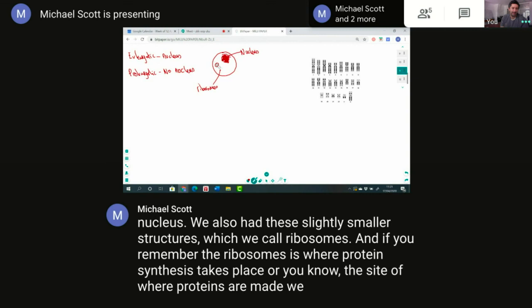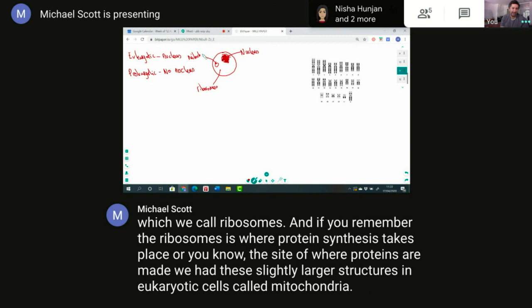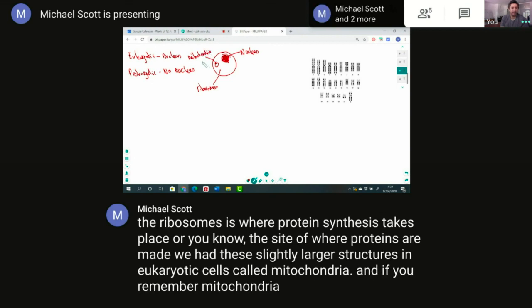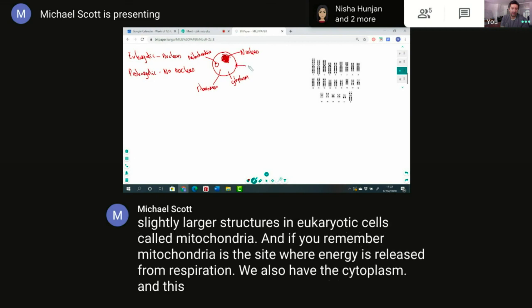We have these slightly larger structures in eukaryotic cells called mitochondria, the site where energy is released from respiration. We also have the cytoplasm, and this outer layer here is called the cell membrane.